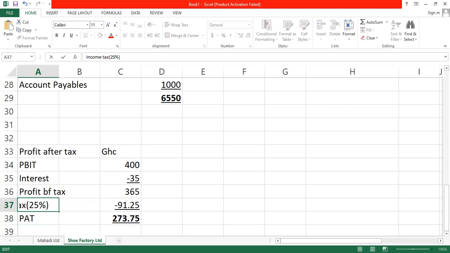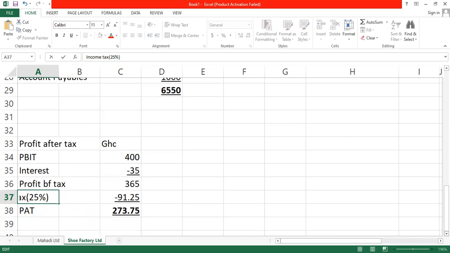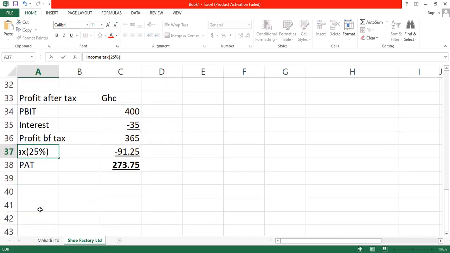Let's count to the earnings per share. How do we calculate earnings per share? It is profit attributable to ordinary shares. So assuming the preference shares were not converted to equity shares, we find the preference dividend and subtract it from our profit after tax. But right now we don't have any preference shares.